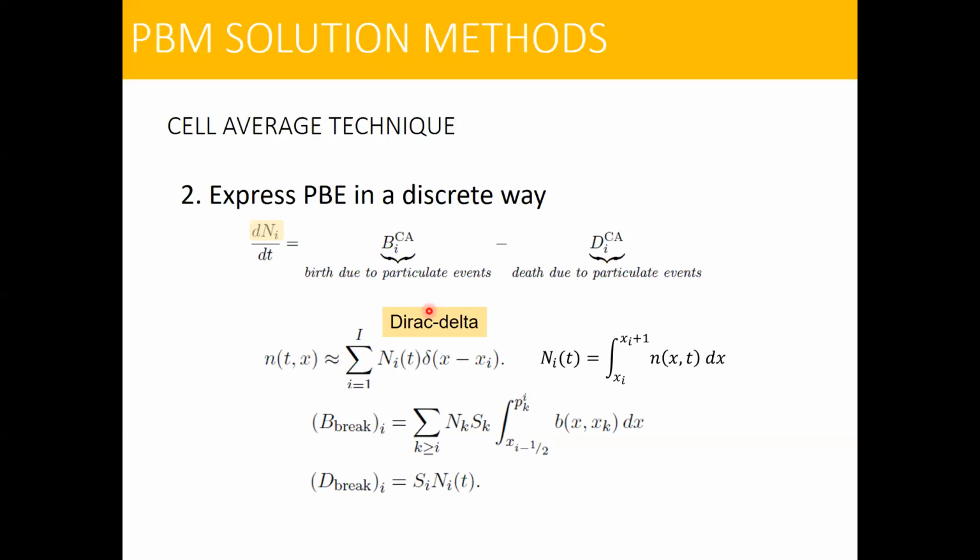For the cell itself, daughter particles in cell i can only be formed out of particles larger than the representative size. Therefore, the breakage function is only integrated over the upper half of the cell.